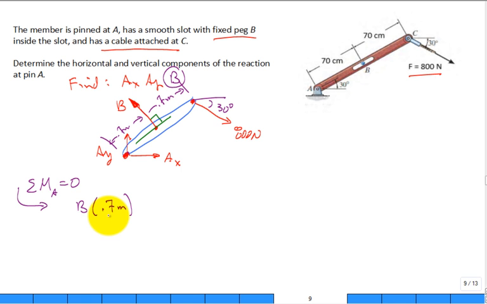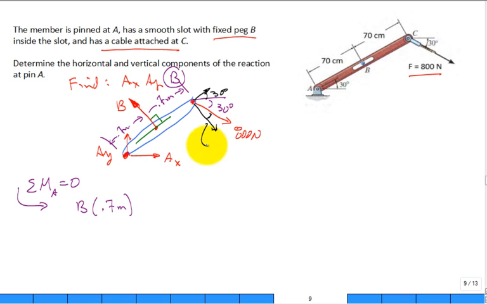That would give a positive sense of rotation around point A. And then you have to decompose this 800 into this and that. This was a 30-degree angle, so this is 30 degrees right there. Guess what that angle is right there? 30 degrees. There's a lot of little angles in your mind you're going to have to work through.